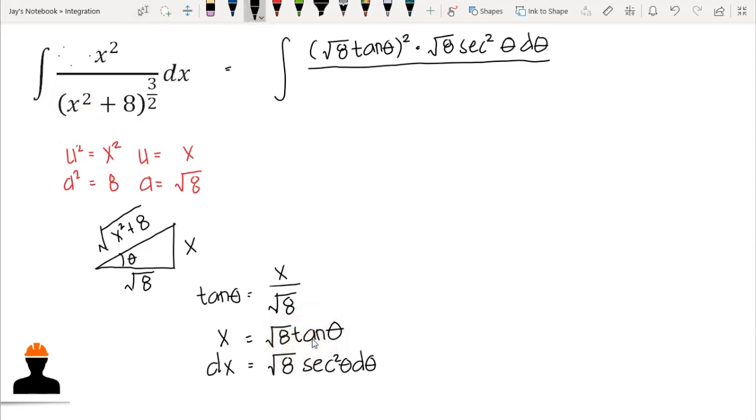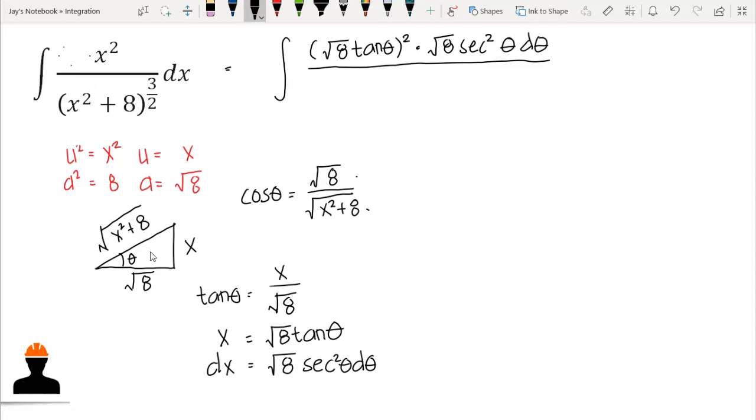However, I would like to teach you the other way. By looking at the right triangle, we can express square root of x squared plus 8 as a trigonometric function. We can say that cosine theta is equal to the adjacent, square root of 8, over the hypotenuse, square root of x squared plus 8. Correct? This is adjacent over the hypotenuse.